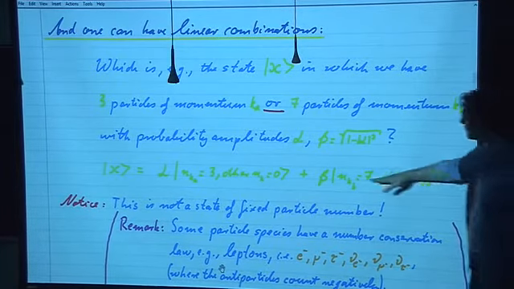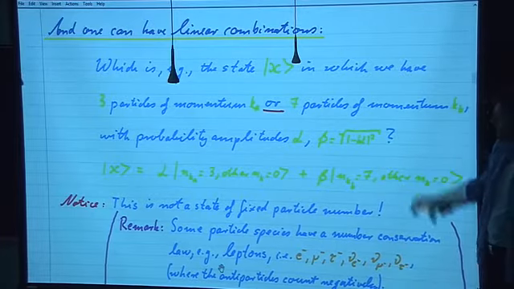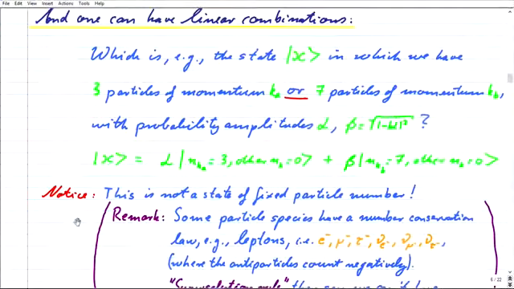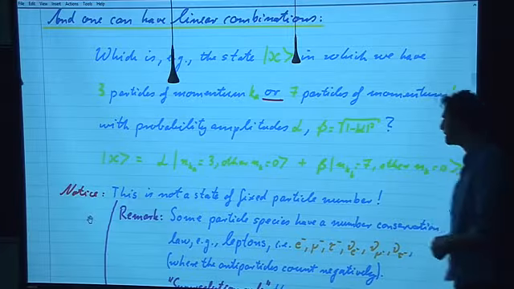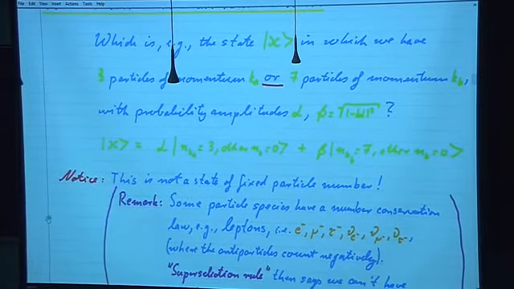Notice that this state is not a state of fixed particle number or of fixed energy. Not an energy eigenstate, not a particle number eigenstate. At this point, I should remark that, yeah, we can always take linear combinations, but not necessarily all linear combinations. It turns out that some particle species, some kinds of particles have number conservation.